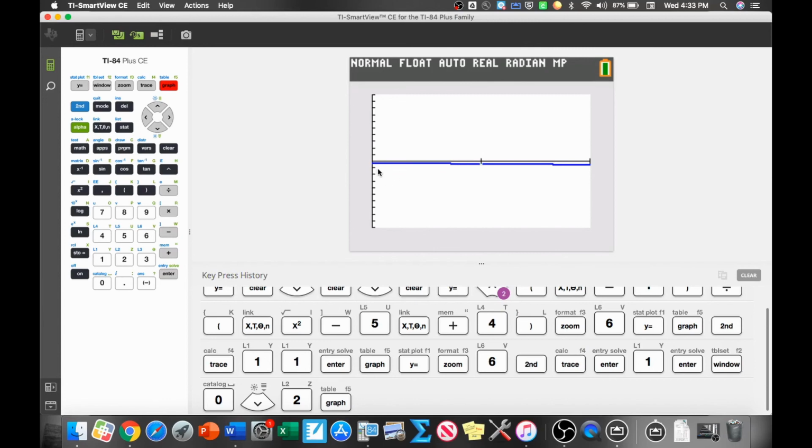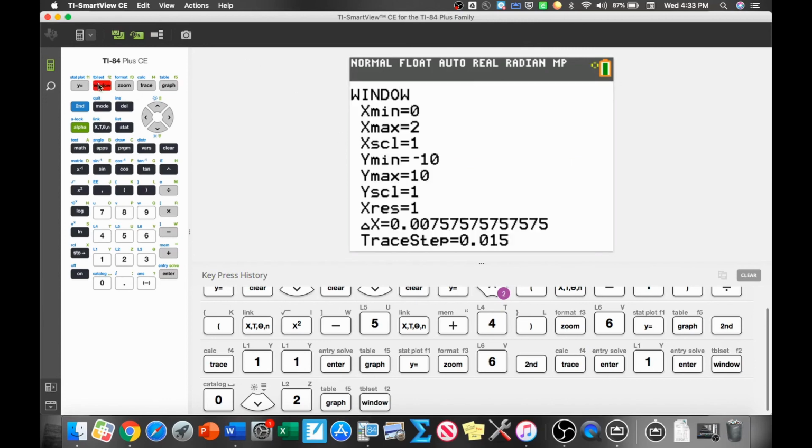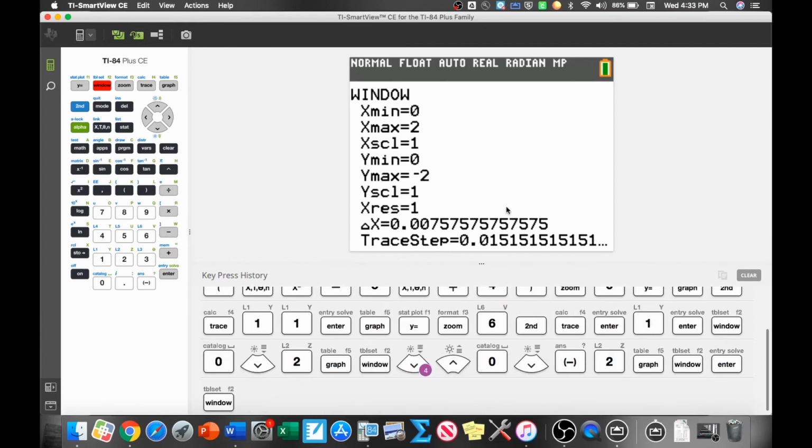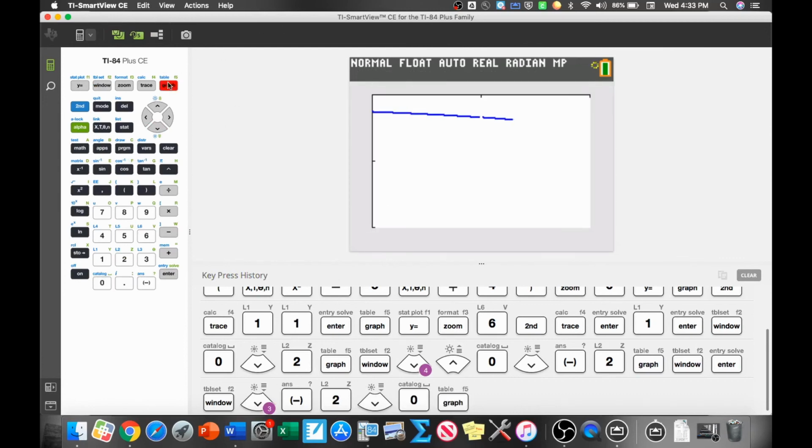And if you want to see it a little bit better, you can change your y value window as well. Oh, sorry. My y minimum should be -2, and my y maximum should be 0. I had those in the wrong order. There we go. And we graph. And there it is. Now we can see it a little bit better. Right there, you can see that there is definitely a hole in the function.